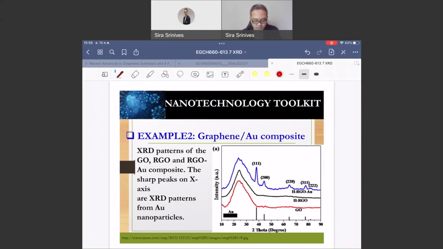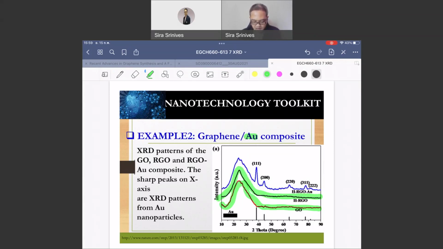This is another example of the graphene and gold nano composite. So we have gold nanoparticles decorated on graphene, and on this one you can see an obvious result: for the graphene oxide, you have the peak down here from the reduced graphene oxide, which is also graphene oxide, but with a lesser amount of functional groups.